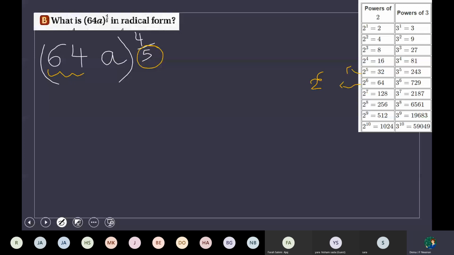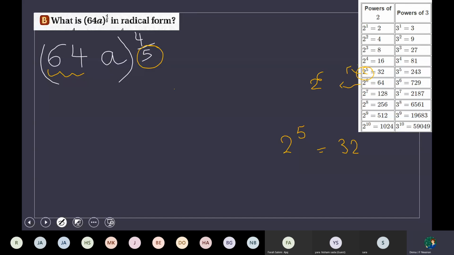But we need 5. Here we have 2 raised to the power 5, which is 32, because here the denominator is 5. Is it right? Yes. Okay. So here, since we have 5, I will go now and choose 2 to the power 5 or 3 to the power 5. These are the most common powers.